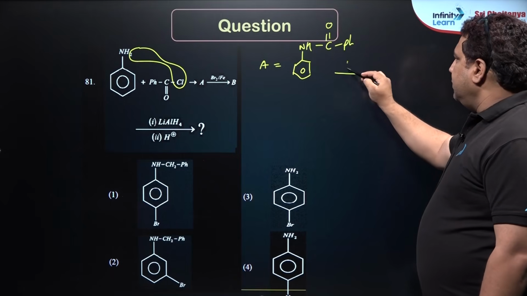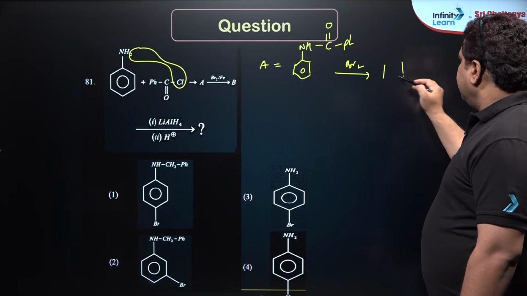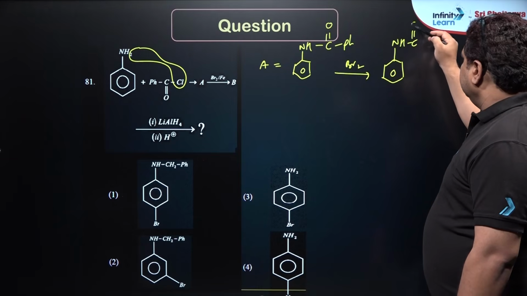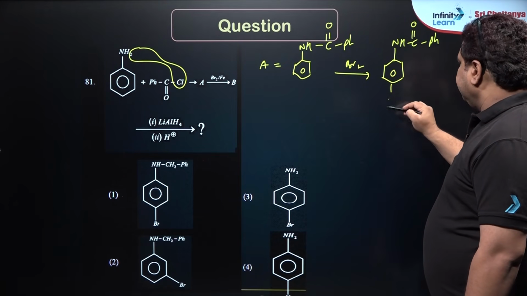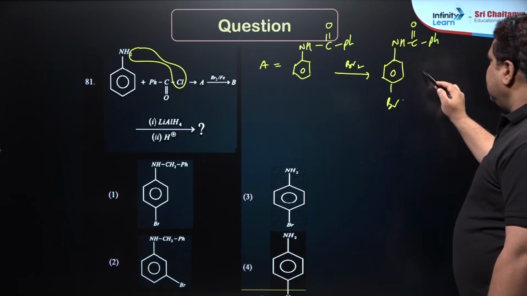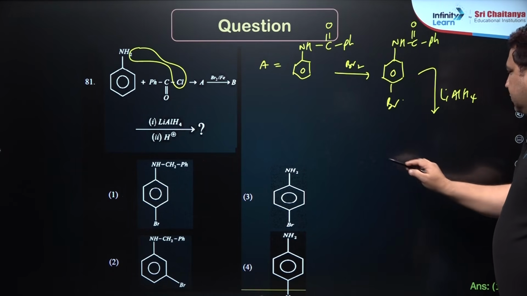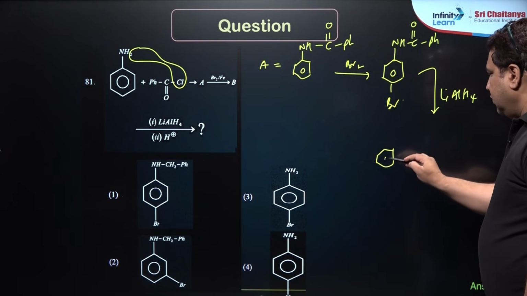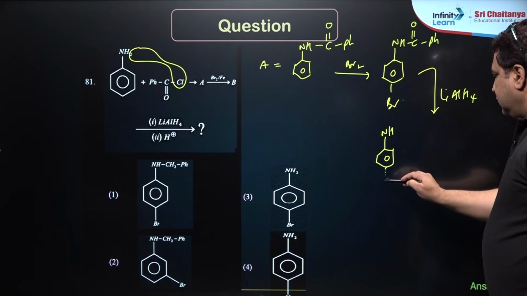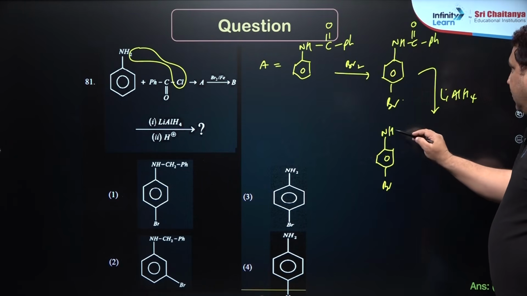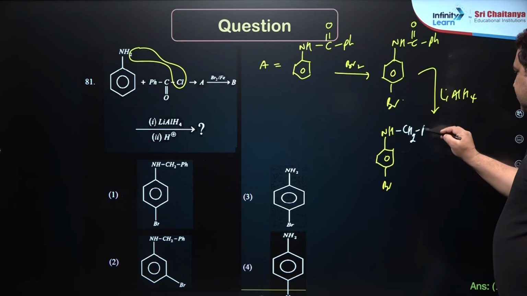If you treat this with bromination, you have to get the para-bromo product. Lithium aluminum hydride reduction means here you will get NH, Br, and this will become CH2Ph.